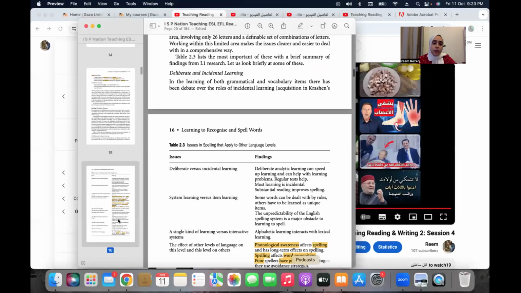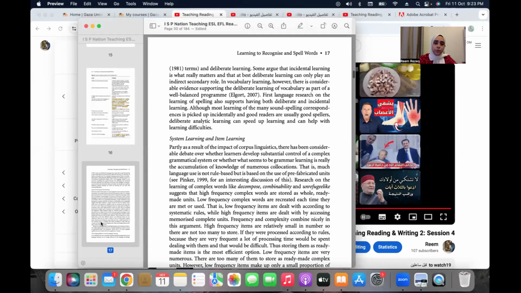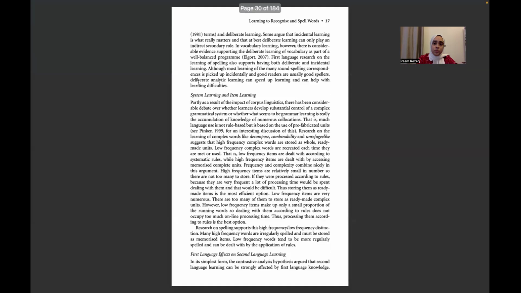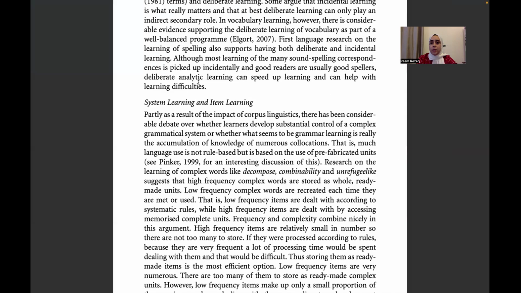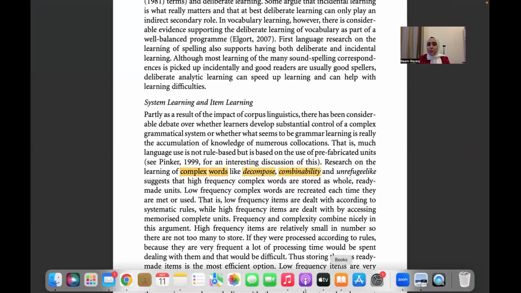Let's move to the next page. System learning and item learning. This is also about complex words: sometimes difficult words, they couldn't really pronounce clearly, so it's hard to pronounce them, which affects phonological awareness and the complexity; you can understand it by decomposing, for example.